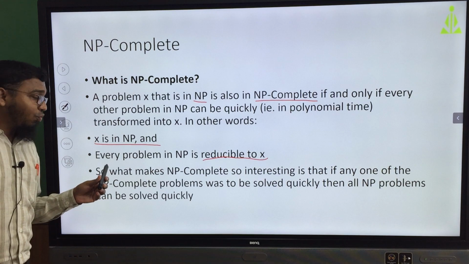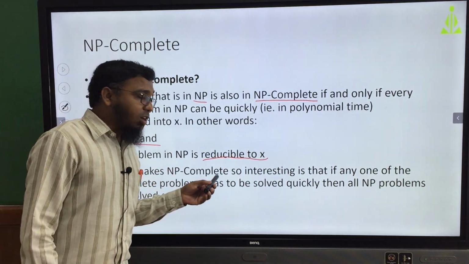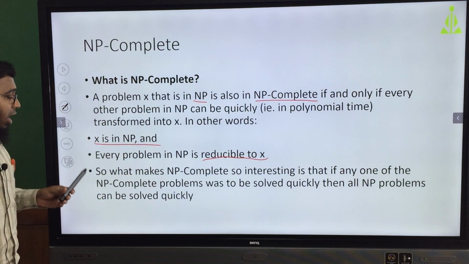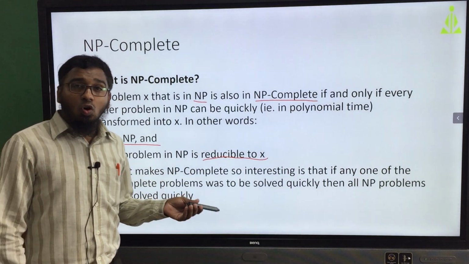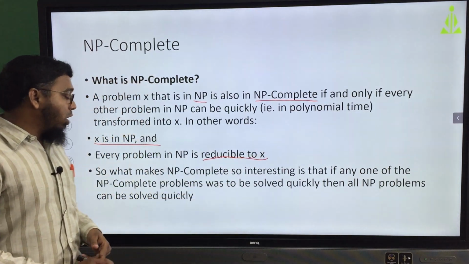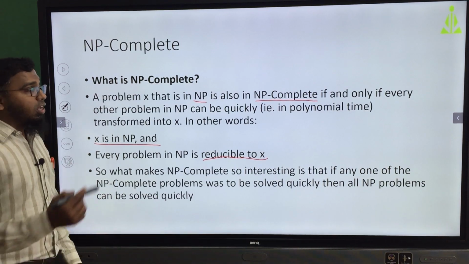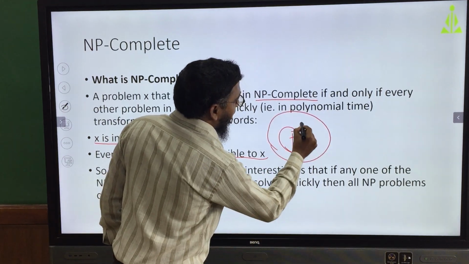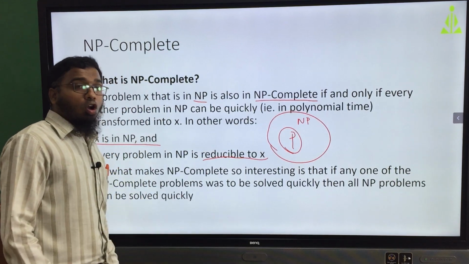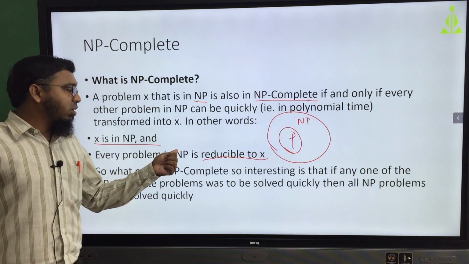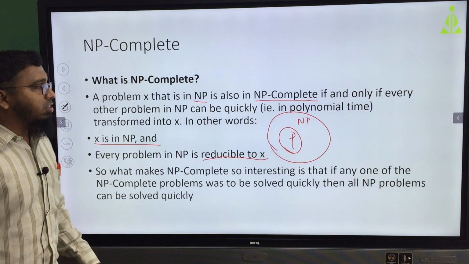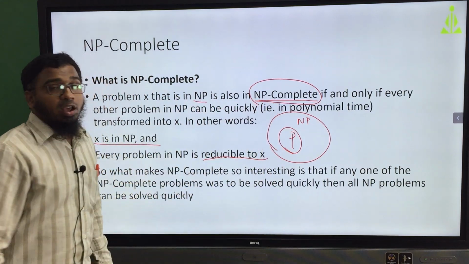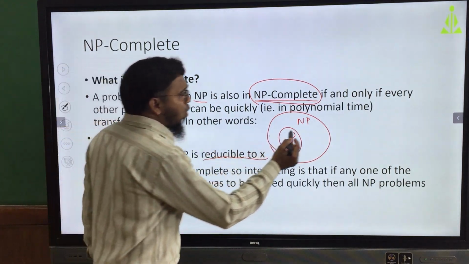Okay. So what makes NP-complete so interesting is that if any one of the NP-complete problems was to be solved quickly, then all NP problems can be solved quickly. As you remember the drawing, this is polynomial time and this is NP, non-polynomial time. Every problem in NP is reducible to X. So here we can say NP-complete is in NP. How are we telling?